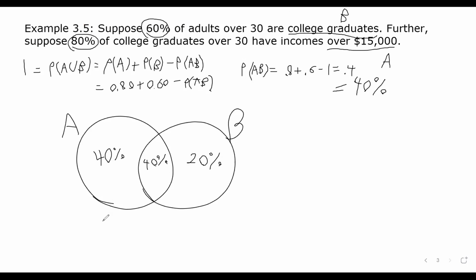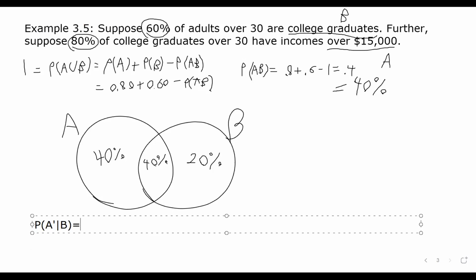When you want to find the probability of A prime given B, the probability of A prime given B is equal to 1 minus the probability of A given B, which is equal to 1 minus the probability of AB divided by the probability of B. The probability of AB is 40%, divided by the probability of B, which is 60%.